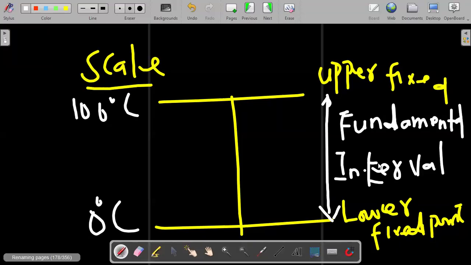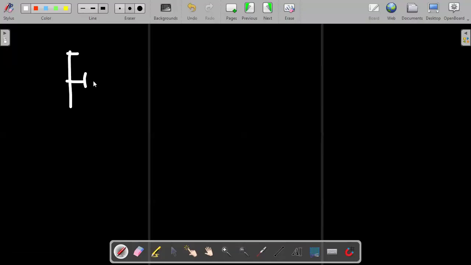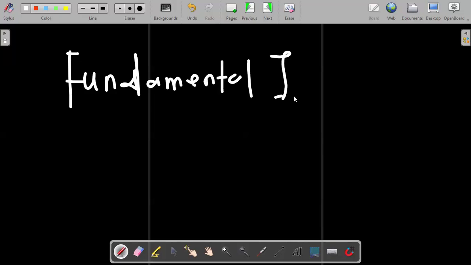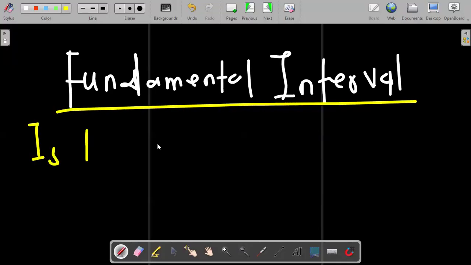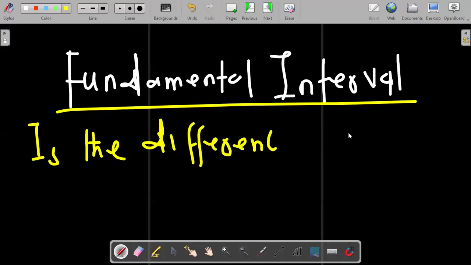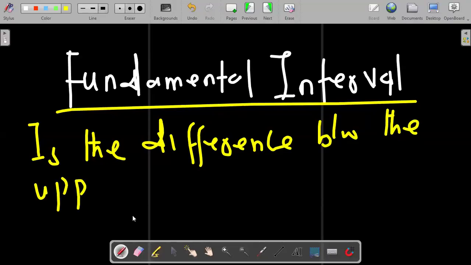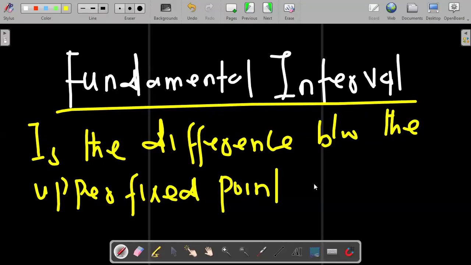So let's define it. Fundamental interval is the difference between the upper fixed point and the lower fixed point.